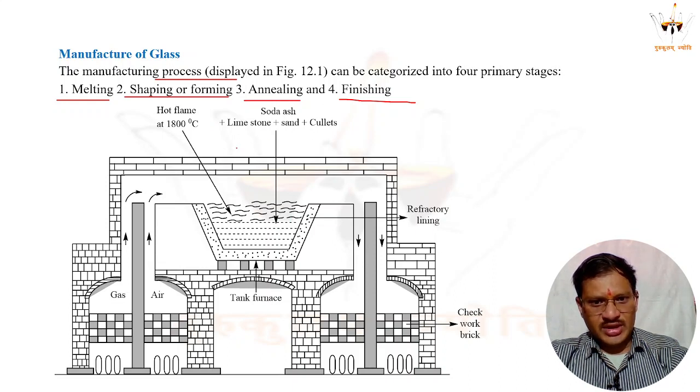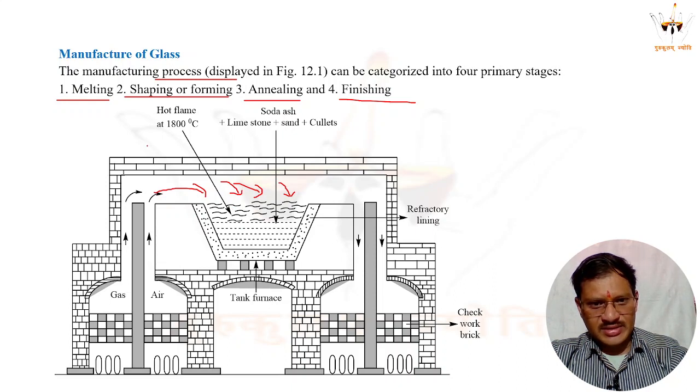So these are mixed and taken into the tank furnaces, and this tank furnace will mix all the ingredients together with the help of the gas air, which is slightly higher in temperature. Even 1800 degrees centigrade is sufficient, and sometimes more temperature is required to combine all the ingredients together.